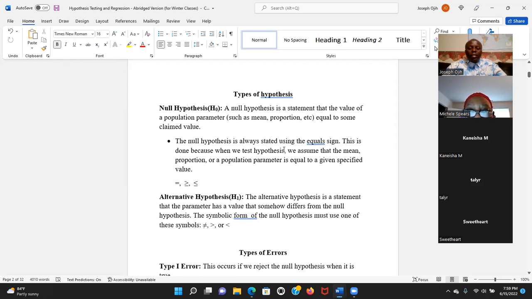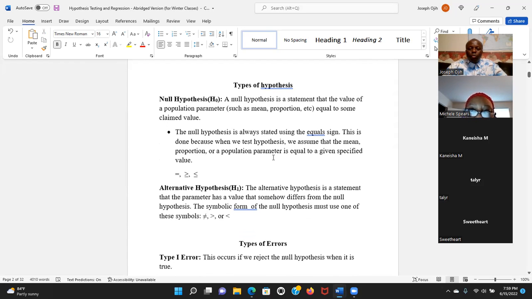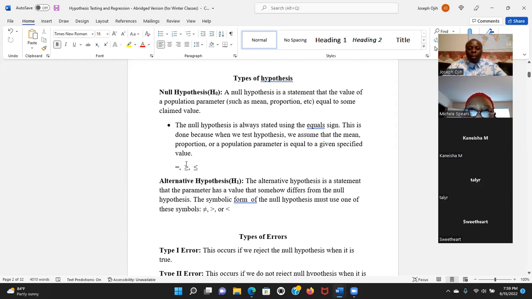Now, it's a statement that the value of the population parameter assumed is equal to some claimed value. Now, the symbols we use to state null hypothesis are equal to, greater than or equal to, less than or equal to. You cannot use less than here in null hypothesis.